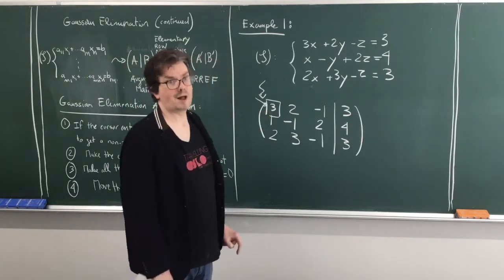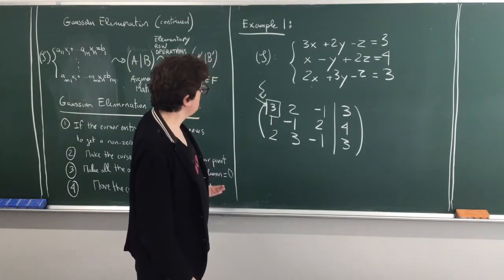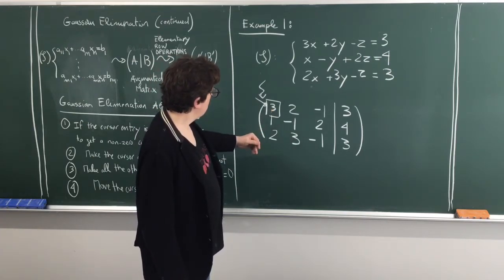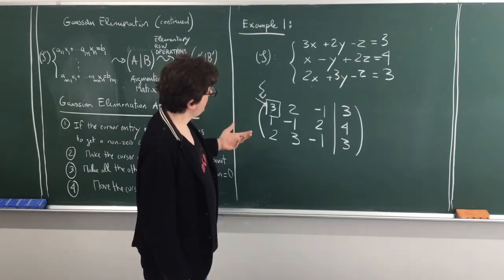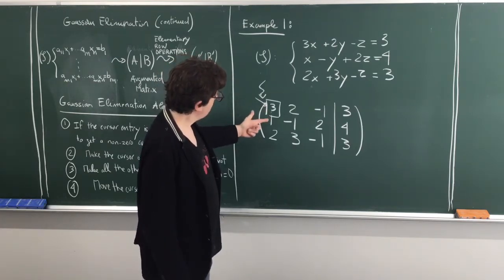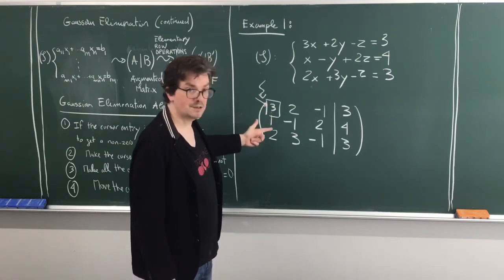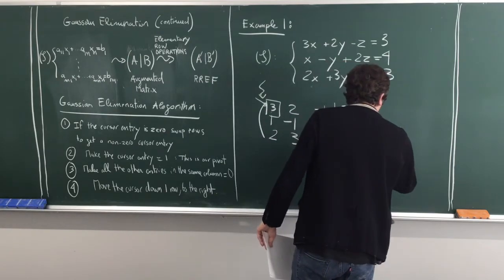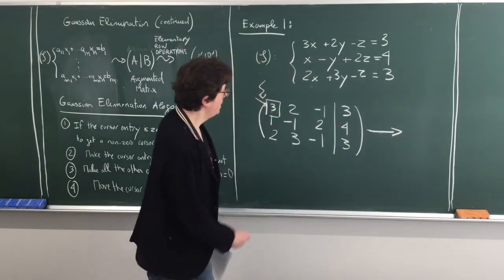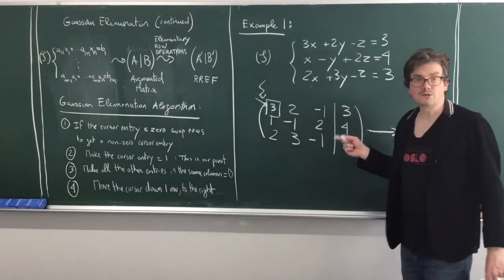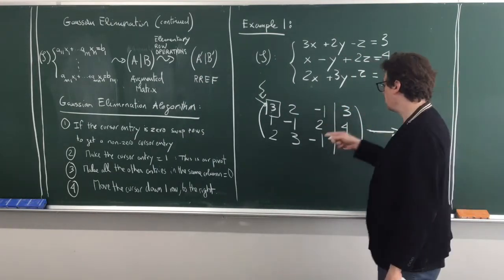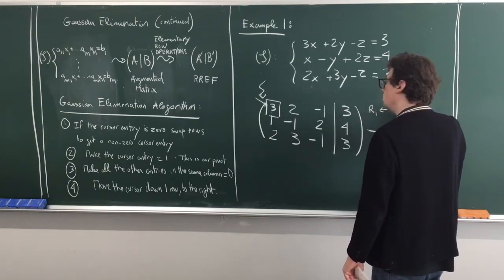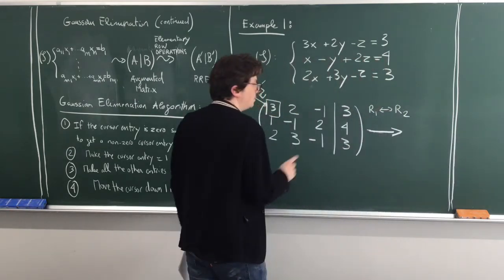Here we would like a 1. We have different possibilities to get a 1. We can divide this row by 3, or we can swap. Don't forget that we can swap. Obviously, swapping row 1 and row 2 will be very effective because we will get a 1 here. So that's our solution. We are going to write an arrow, and above it we write the operation that we are using: a swap of row 1 with row 2. Okay, so what is the result?